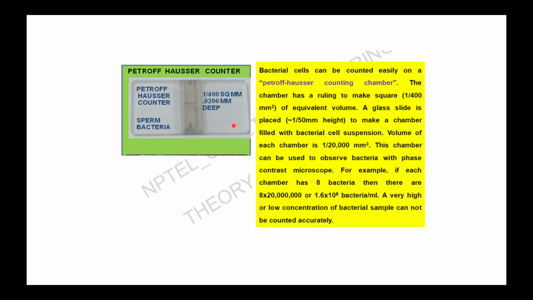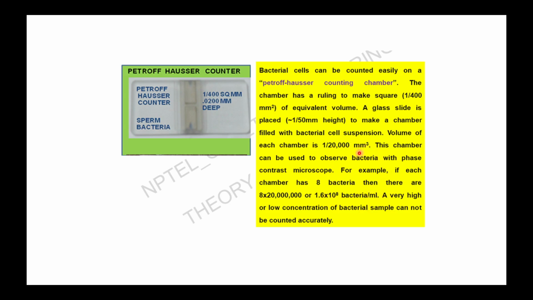This is an example to solve the question, because in this demo assignment there are two questions related to this particular counting chamber. So if each chamber has 8 bacteria, then there will be 8 into 20,000 bacterial cells per millimeter cube.